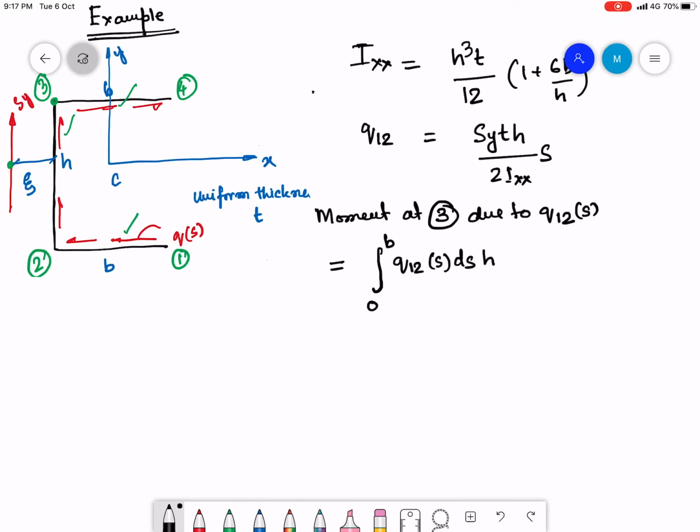So it is going to be Q12 of s into ds into h.